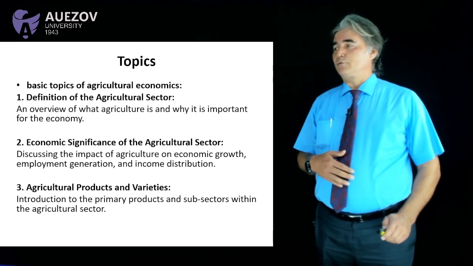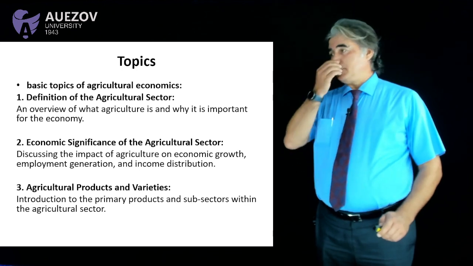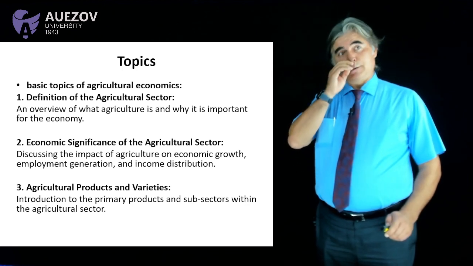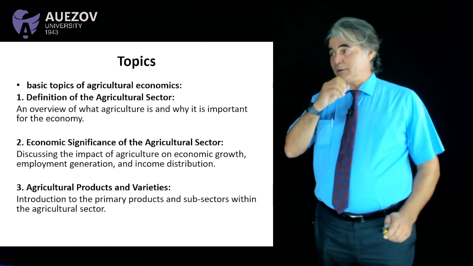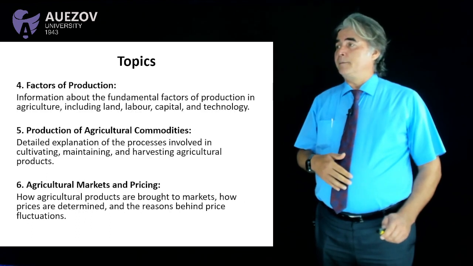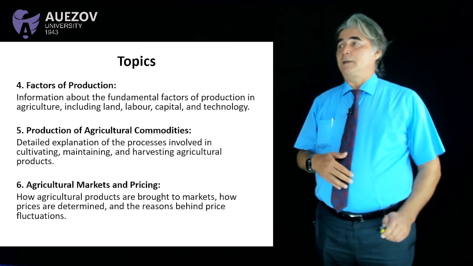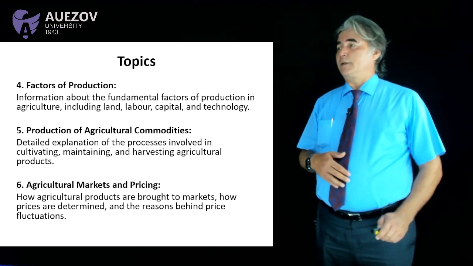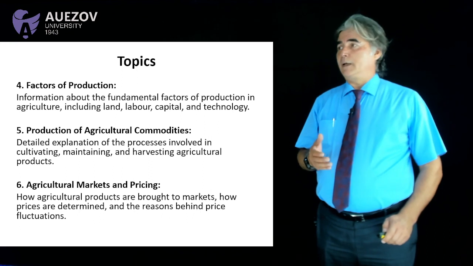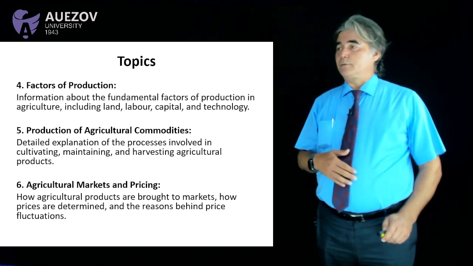Also, we try to give an introduction to primary products and subsectors within agriculture. We know these crops, and we give information about the fundamental factors of production in agriculture, including land, labor, capital, and technology. Also, we know these production factors.